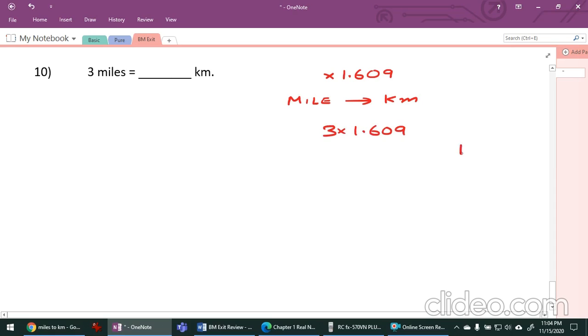How will you find 1.609 into 3? 9 into 3, 27, carry 2, 3 into 0, 0, plus 2, 2, 6 into 3, 18, 8, carry 1, 1 into 3 plus 1, 4. So the answer is 4.827 kilometer. So remember, mile to kilometer you should multiply with 1.609.